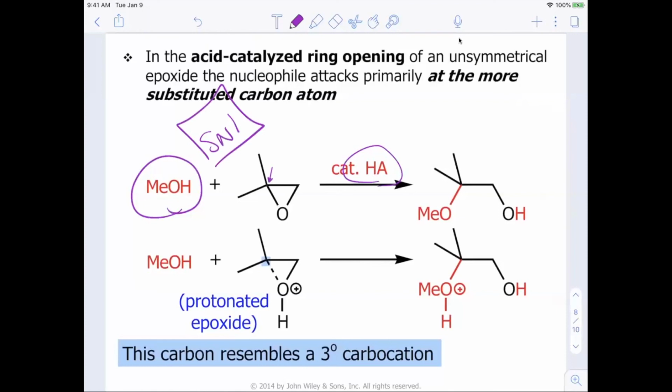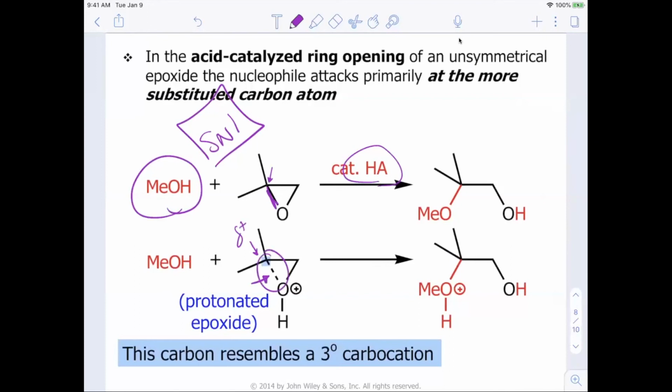So it could be that this bond shown right here in the reaction is actually partially broken already, so that this carbon right here is actually partial positive, or potentially we could even think about it as a carbocation. So in epoxide ring opening, we don't have complete loss of a leaving group first, but we have a little bit of a loss of that leaving group. So it partially breaks, as shown right here.